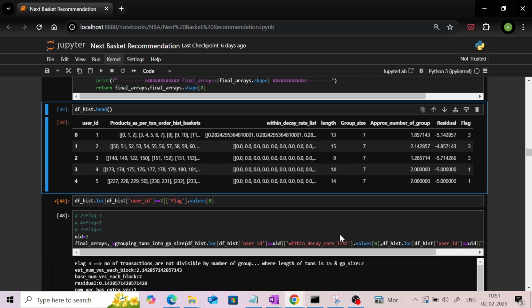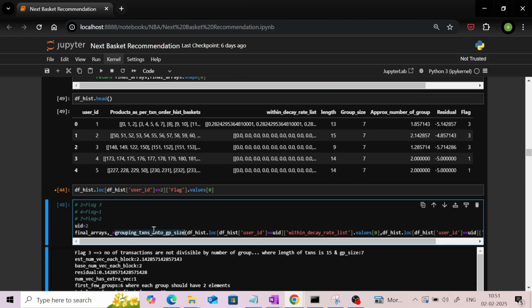So let's call this function, grouping transactions into group size, and pass the within decay list corresponding to user ID 2. For that, we write something like this: dfhist.loc[dfhist.user ID == uid], where uid here has been set to 2.